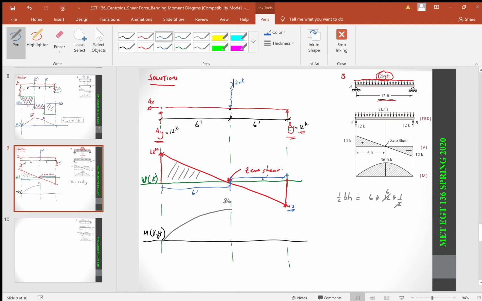And then this is below the 0 line, so your graph comes back down this way to 0. It starts at 0 and it must end at 0. If you don't, there's something wrong somewhere. So our maximum bending moment happens to be 36 kip-feet.